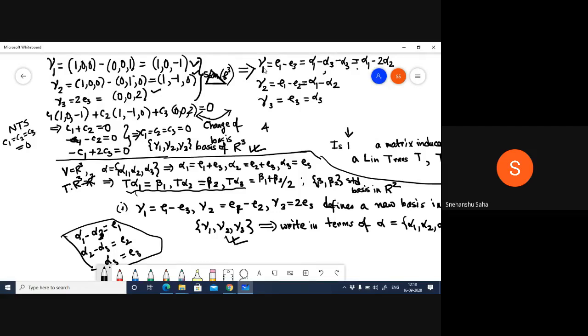Now what I want to do is write a change of basis matrix between gamma 1, gamma 2, gamma 3, and beta 1 and beta 2. So how do I go about doing this?